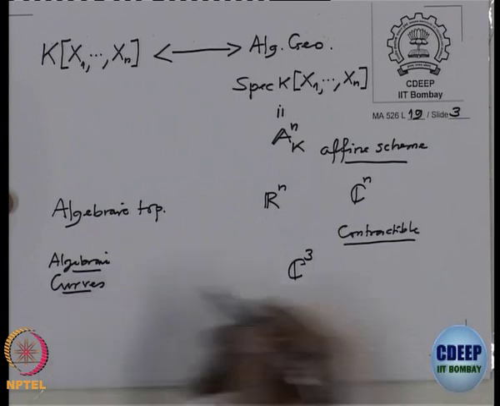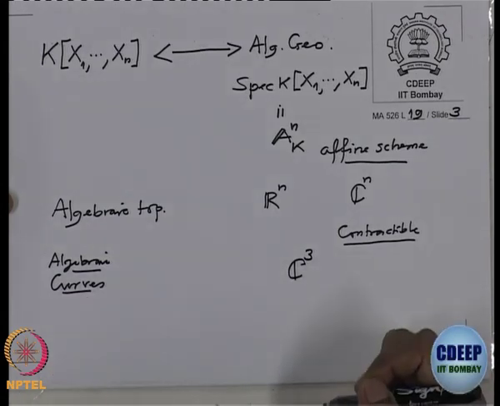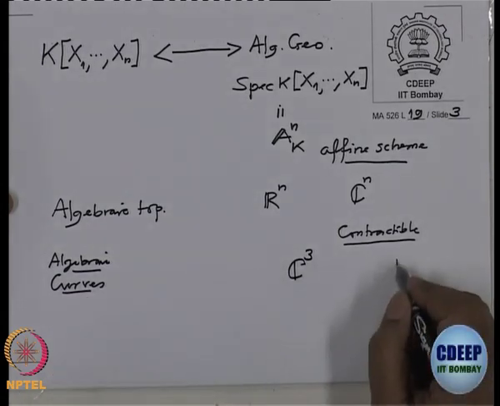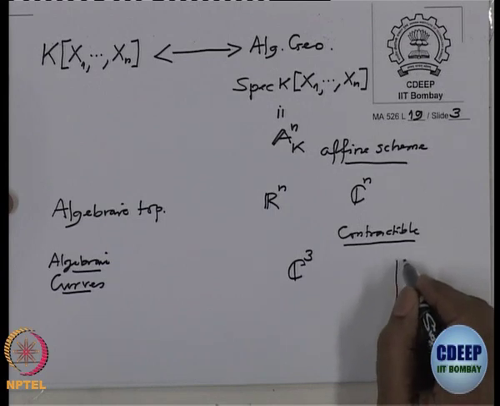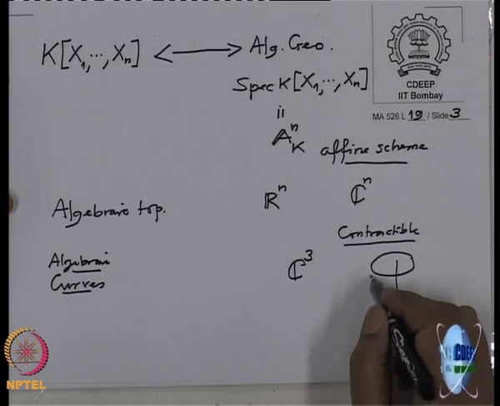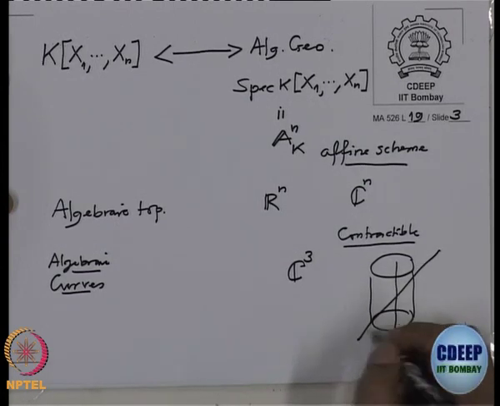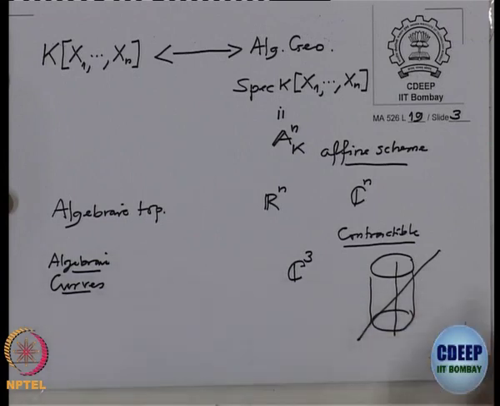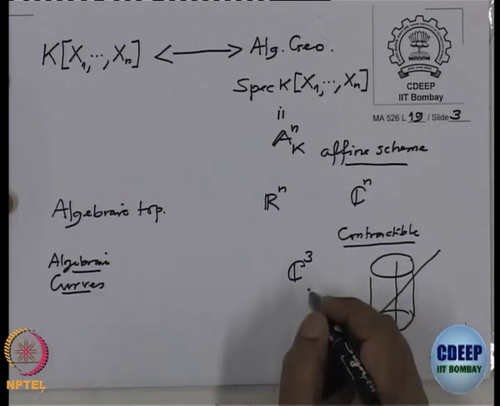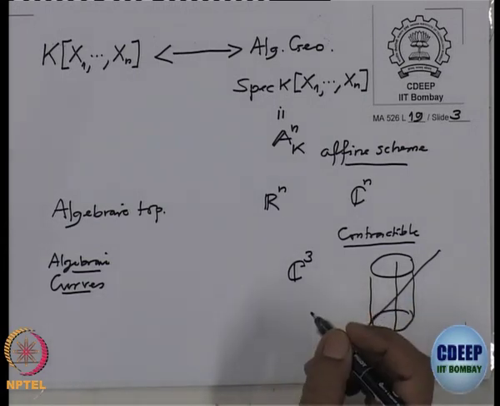Typical examples that we know are, for example, if you take a cylinder and cut it, or a cone and cut it, the conic sections. So, for curves in 3-space, the question is whether they are defined by 2 equations.